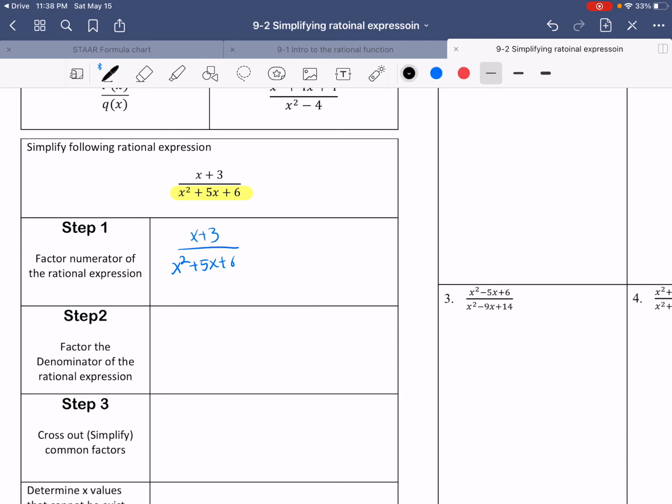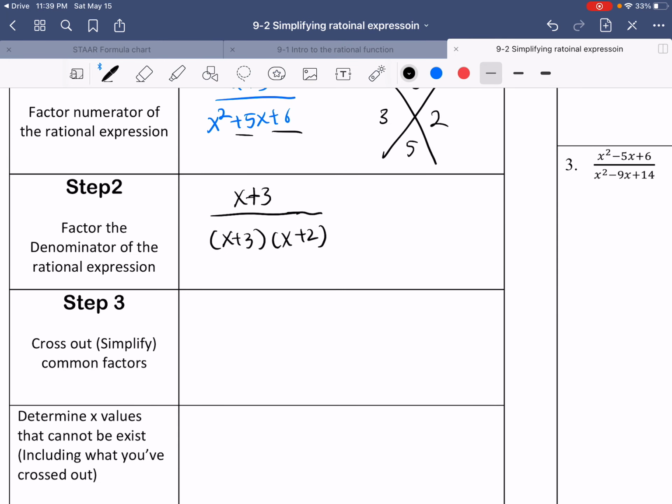So simple, you're going to put the last number, which is positive 6, on the top, and the second number, positive 5, in the bottom. Something times something gives you 6, and if you add them up you get 5. 3 times 2 gives you 6, 3 plus 2 gives you 5. So if you simplify it, this one is going to be x plus 3 and x plus 2. Okay?